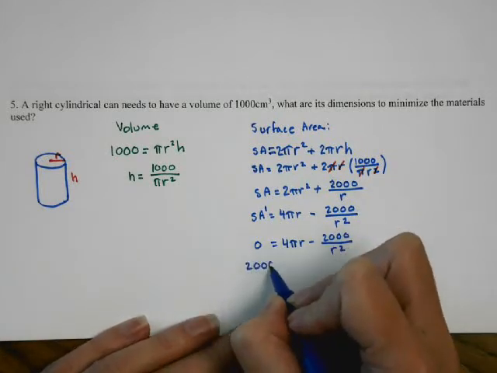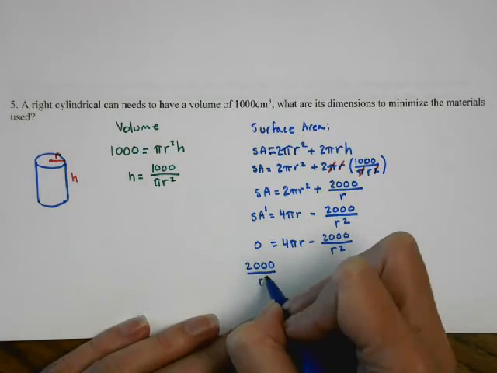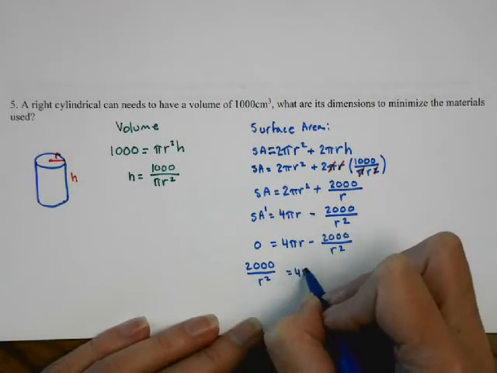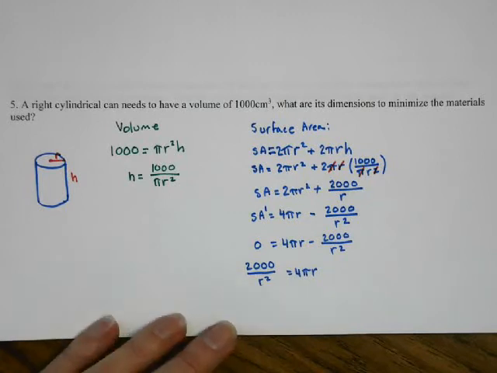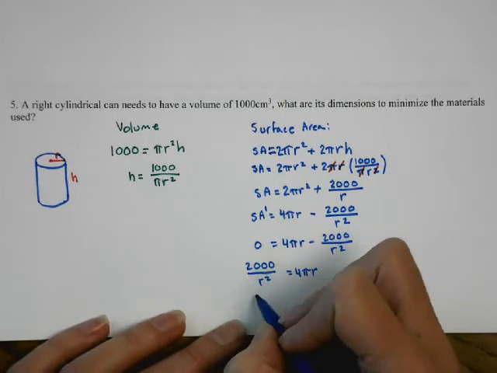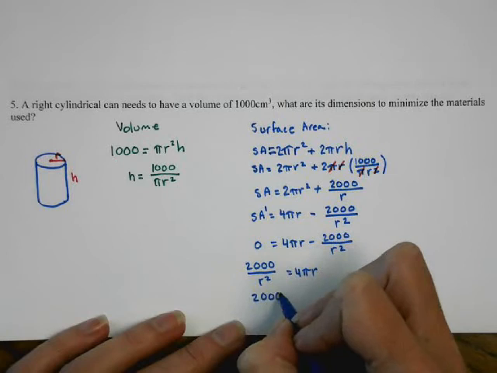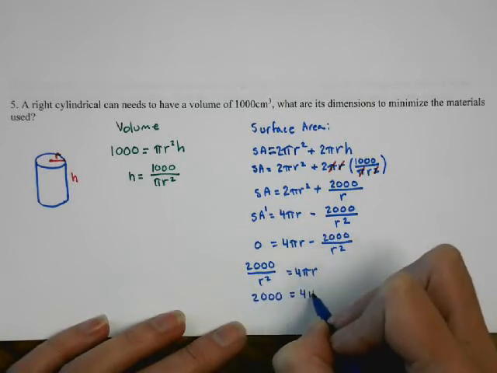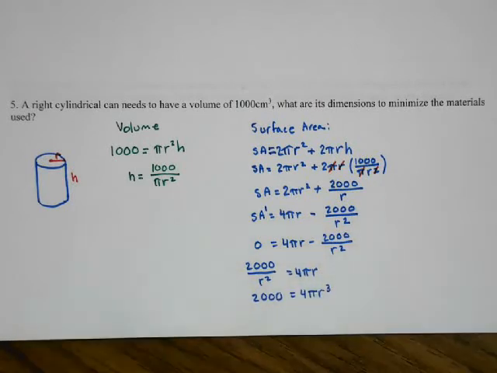So 2,000 over r squared equals 4 pi r. Multiply over by r squared. So we'll have 4 pi r cubed.